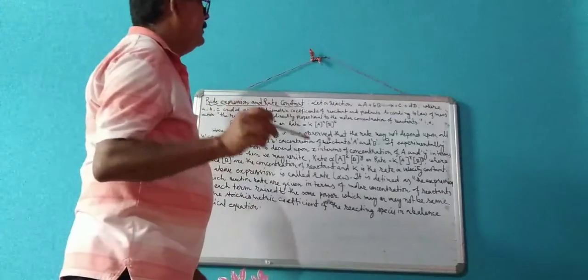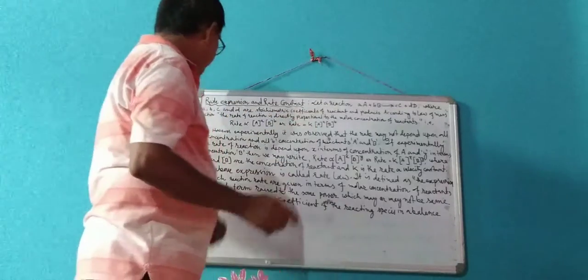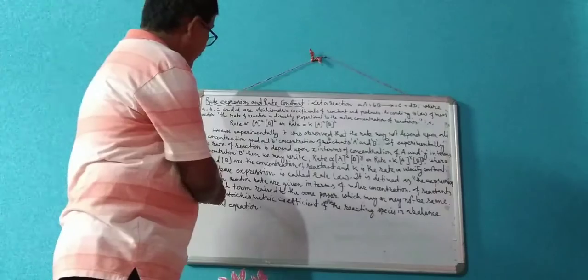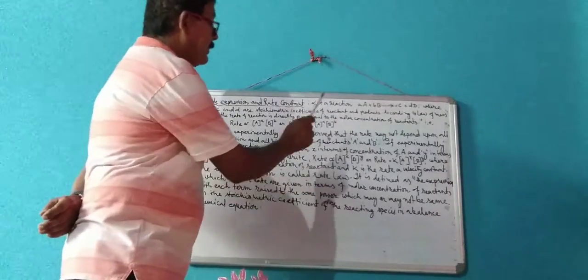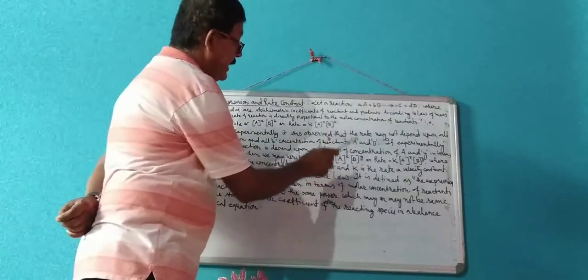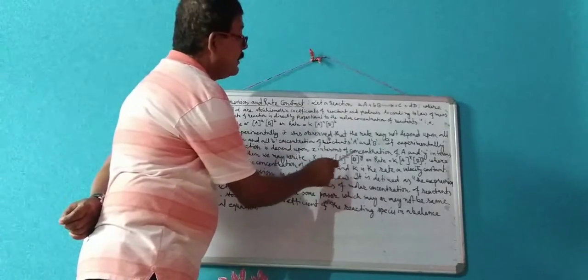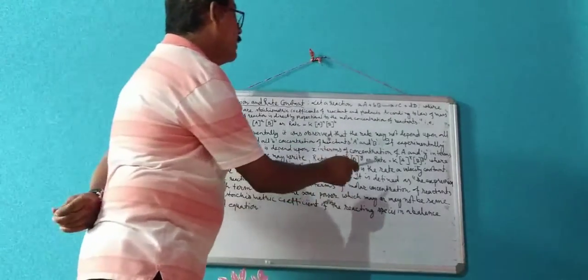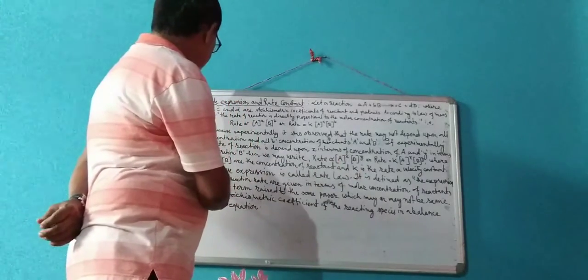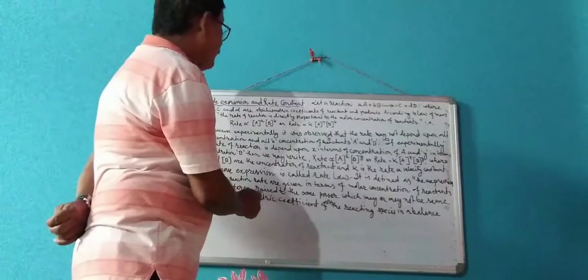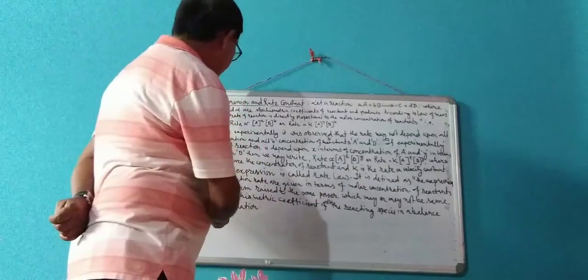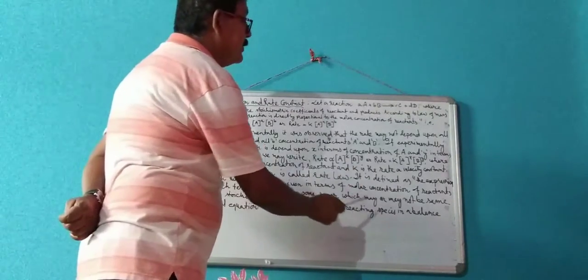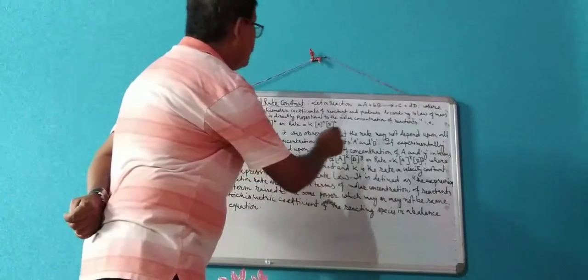According to the new definition of law of mass action, the expression in which reaction rates are given in terms of molar concentration of reactants, with each term raised to a power which may or may not be the same as the stoichiometric coefficient of the reacting species in a balanced chemical equation.